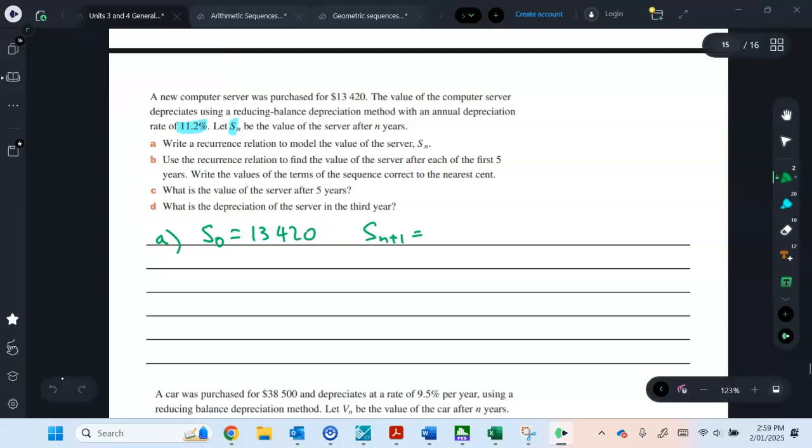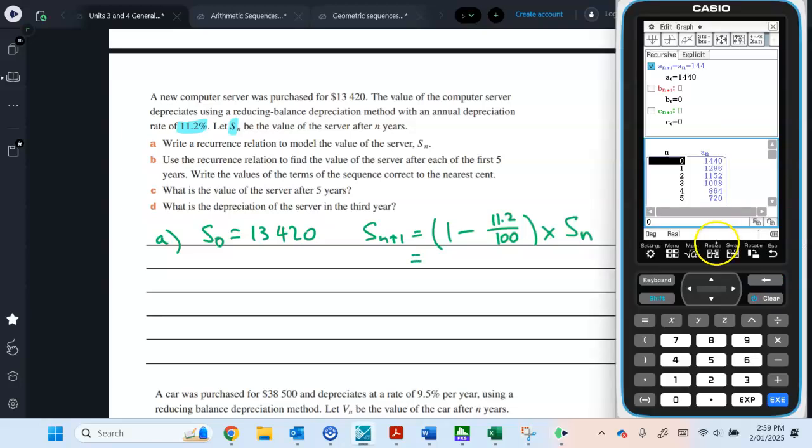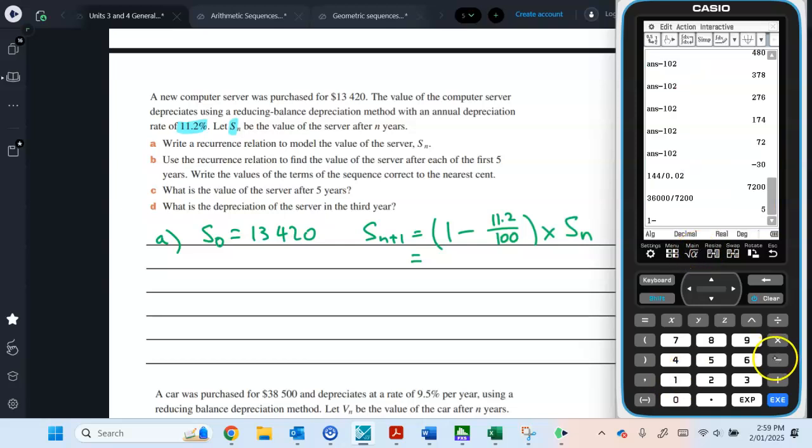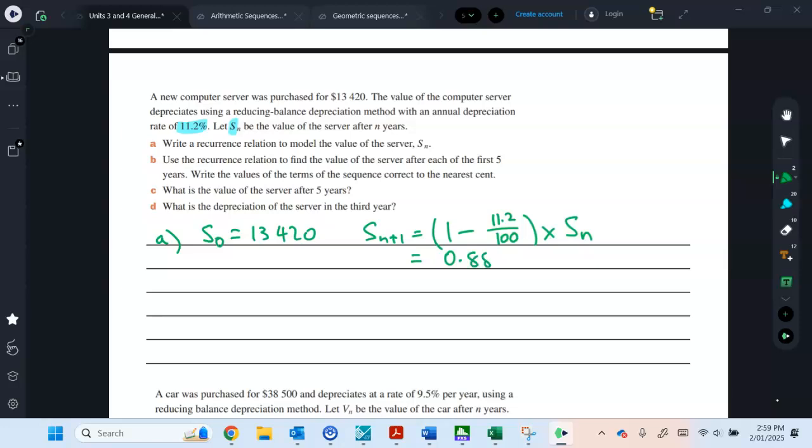So it's going to be 1 minus our interest rate, 11.2 over 100, and that was times SN. All right, so we can just plug that into the calculator. 1 minus 11.2 over 100, so 0.888 SN, and then I'll just write that.